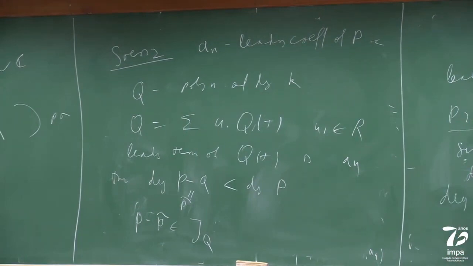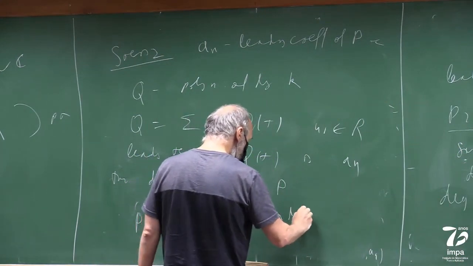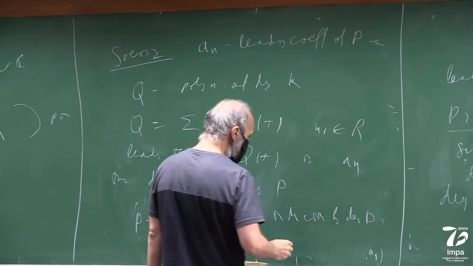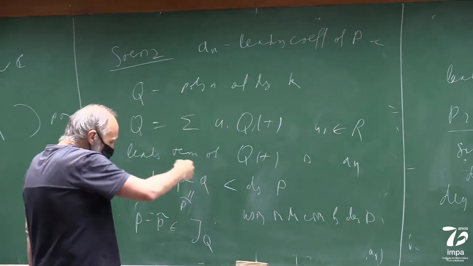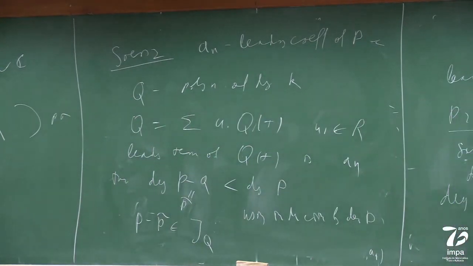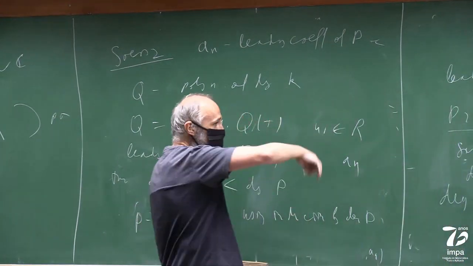Using induction by degree, we find another polynomial which is equal to P modulo J_Q, but has smaller degree, and smaller degree, and smaller degree.